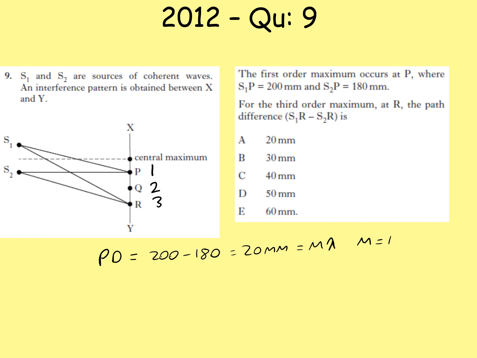So lambda is equal to 20 millimeters. For the third order maxima, m is equal to 3. Therefore, path difference is equal to m lambda equal to 3 times 20, which is 60 millimeters.